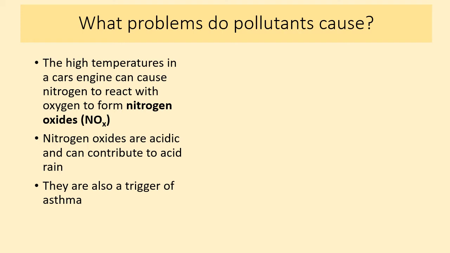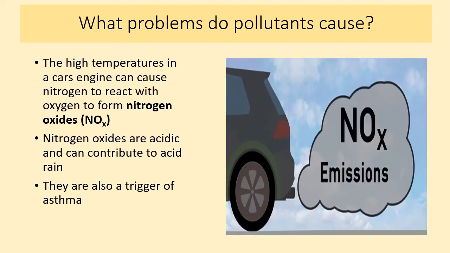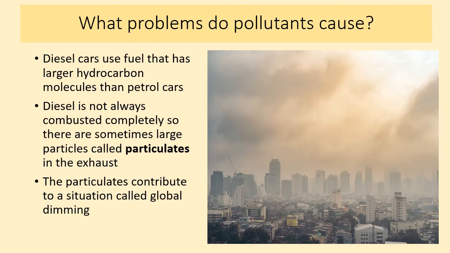In the UK, southeast London has the highest level of nitrogen oxides and can cause severe health problems. We have there just a little reminder that cars will produce NOx emissions, so nitrogen oxide emissions.